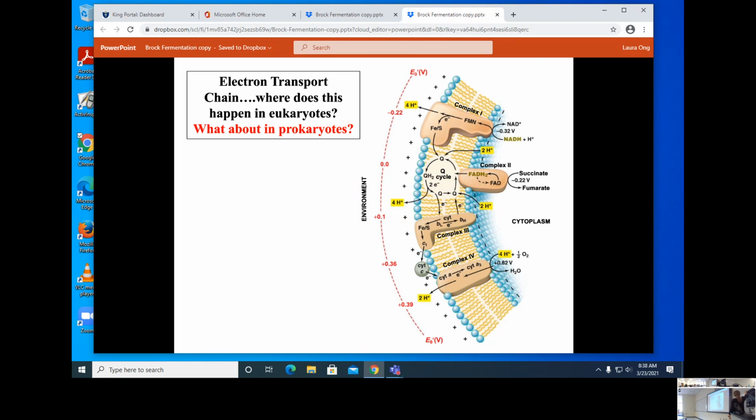If NADH and FADH2 for some reason can't deliver electrons, that's going to make this stop.